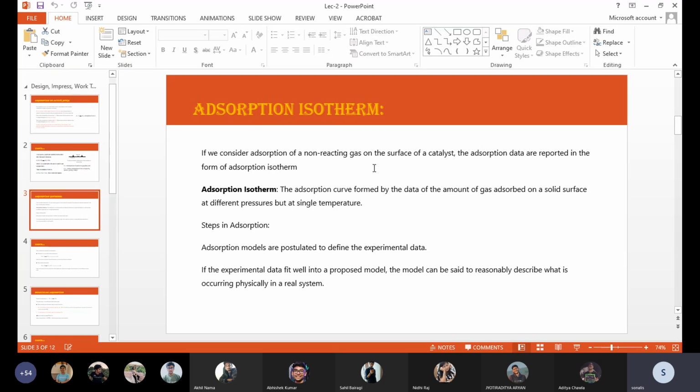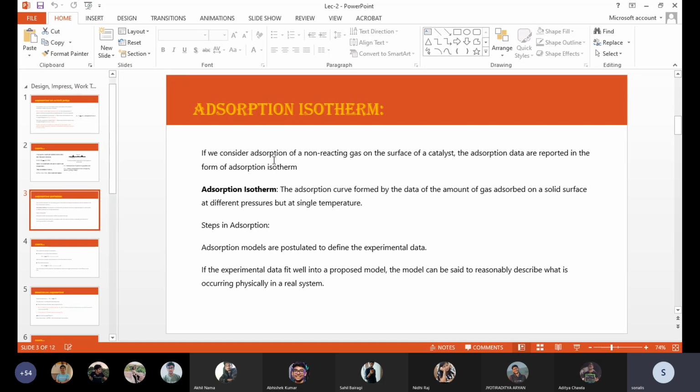If you increase the pressure, then we can expect more gas molecules to get adsorbed on the solid surface. More pressure means more gas molecules in a definite volume.